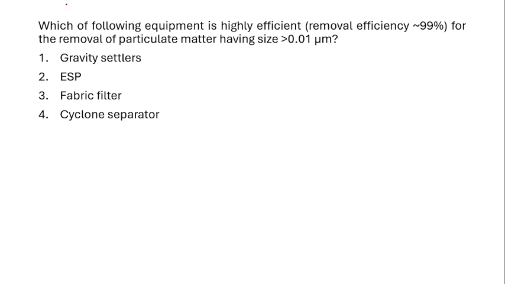Next is, which of the following equipment is highly efficient with a removal efficiency of 99 percent for the removal of particulate matter having size of 0.01 micron? Is it a gravity settler, ESP, fabric filter, or cyclone separator?